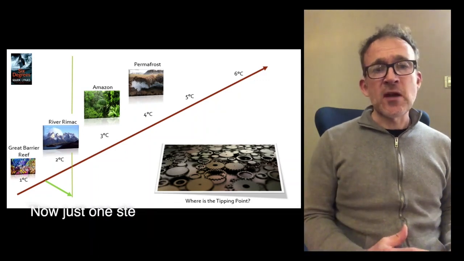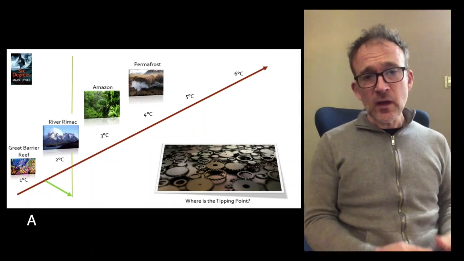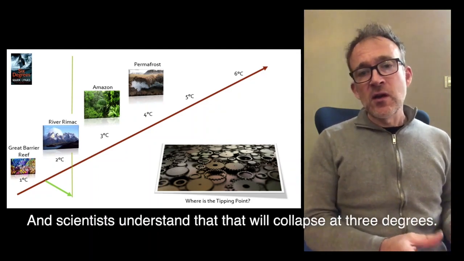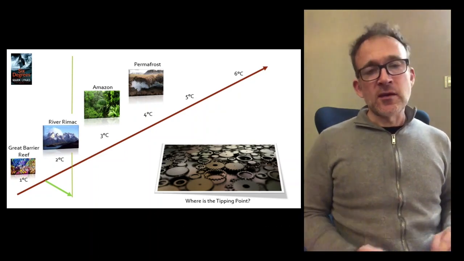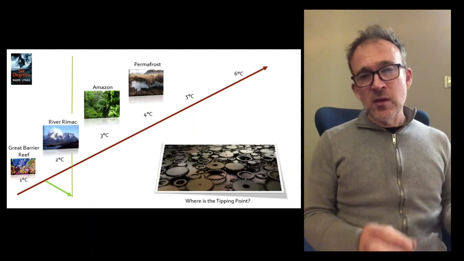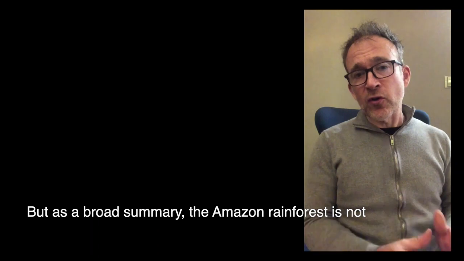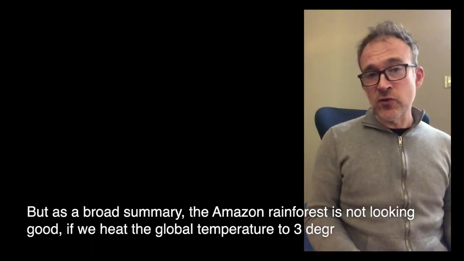Now, just one step down from that, you have at 3 degrees the Amazon rainforest, and scientists understand that that will collapse at 3 degrees. Of course, it depends how long the 3 degrees is sustained, and it depends on our deforestation of the Amazon rainforest and other things. But as a broad summary, the Amazon rainforest is not looking good if we heat the global temperature to 3 degrees.